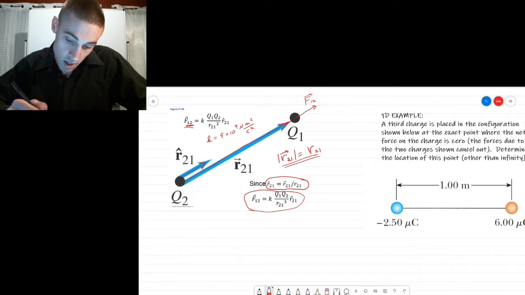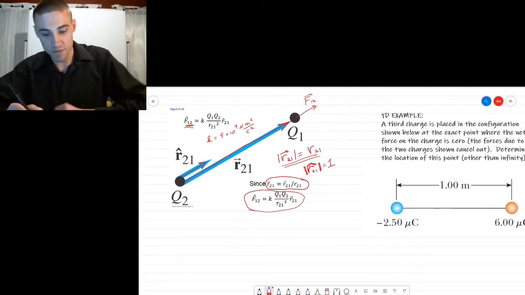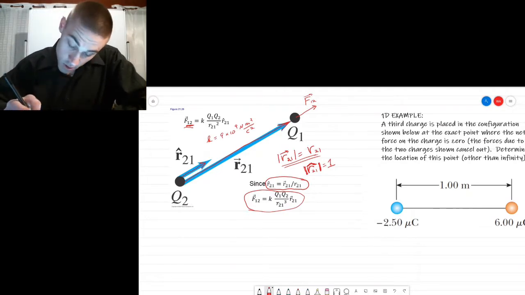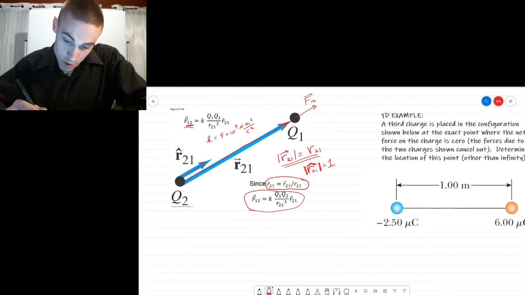So the length of the unit vector r21 hat will be equal to 1. By the way, I always refer to this as r21 hat. If you're watching, say, Walter Lewin lectures, he refers to it as r21 roof. It kind of looks like a hat, or a little roof over the top of the vector. You can use whatever words you would like. They all mean the same thing.